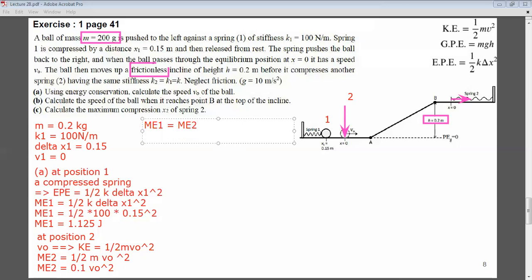So 1.125 is equal to 0.1 V initial square. We calculate this, we get V initial square is equal to 11.25. V initial is equal to 3.35 meter per second.